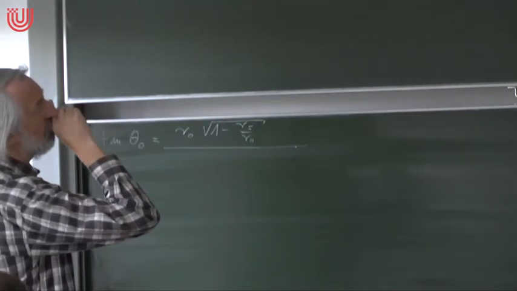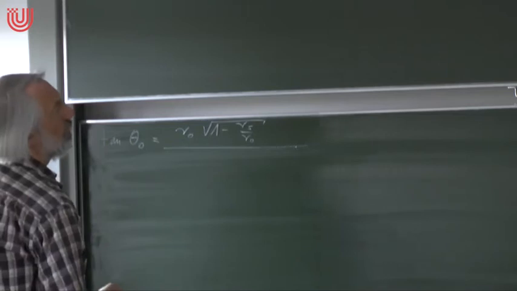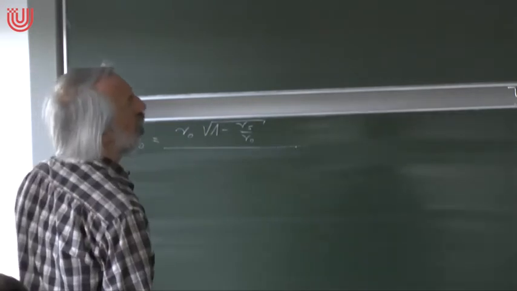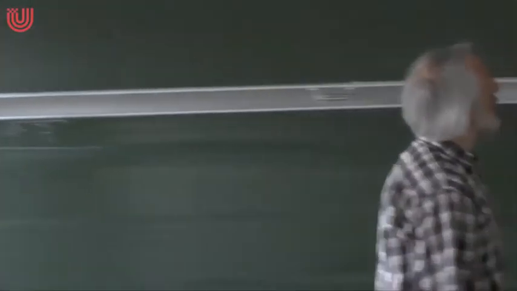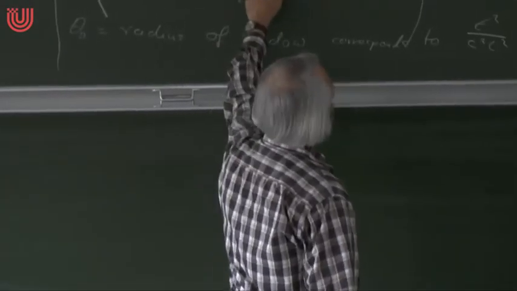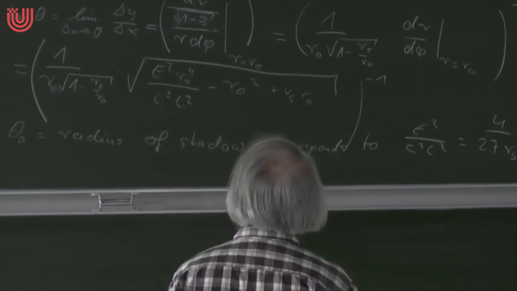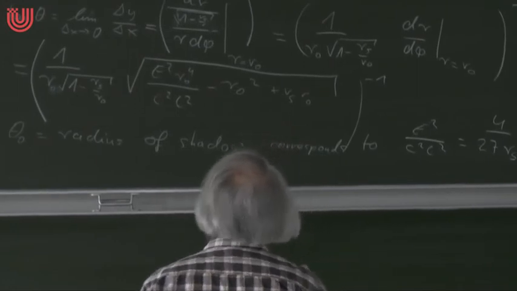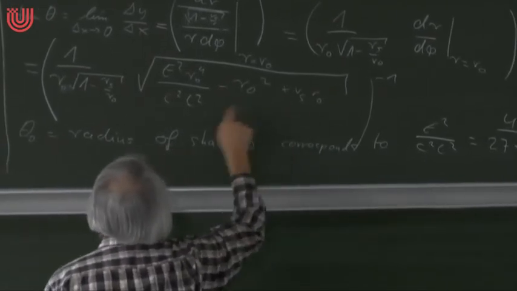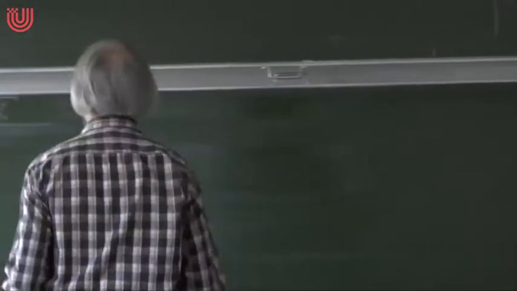Now I have to insert this expression for, oh, there's something wrong with the units. Here I have a power 4, here I have only a power 2. This cannot be true. Oh, it can, of course. The whole expression is quadratic in R. Everything is fine.